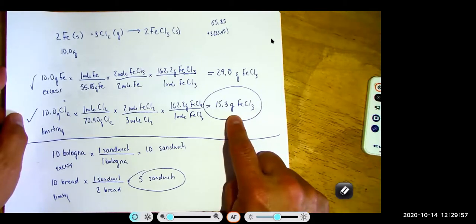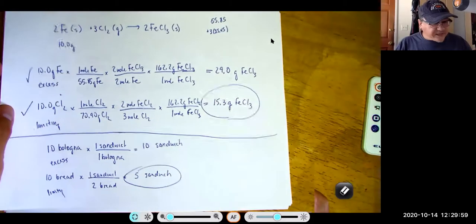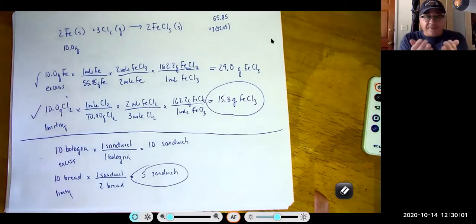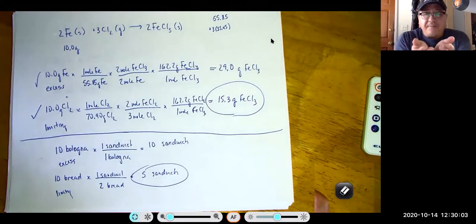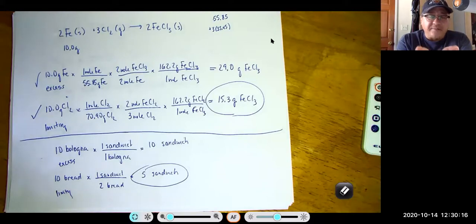Now, the reason it's called the theoretical yield is that when you actually do these reactions, you're doing them in a pot. And from that pot, you have everything mixed together. Leftovers, product, solvent, all sorts of things in this pot. And you have to separate the product from everything else.